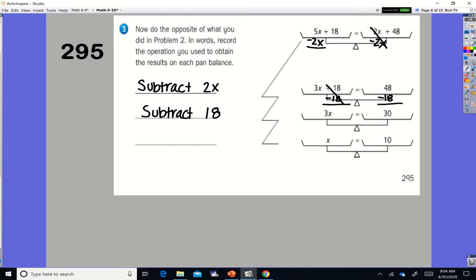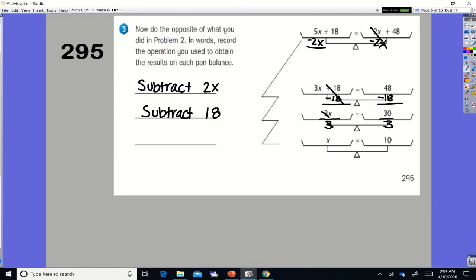Now I look here. Well, we got to get that x by itself. And if we're looking at our multi-step algebraic expressions, we need to get the number on the opposite side of the variable. Now we're going to have to undo the multiplication or division. Because we already got the number on the opposite side, now we have to undo this. Since they're multiplying here, we're going to divide.